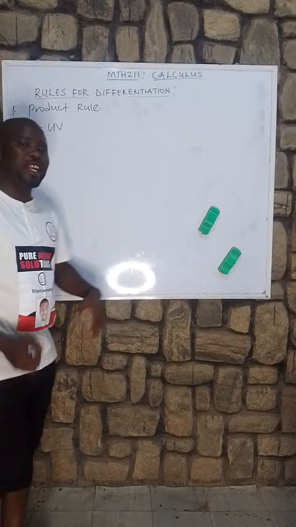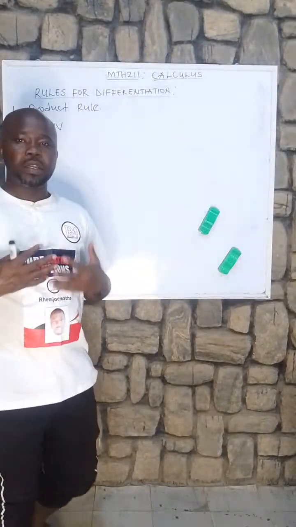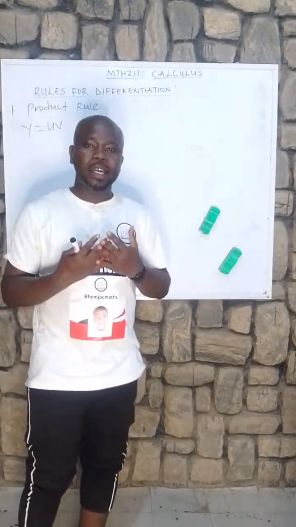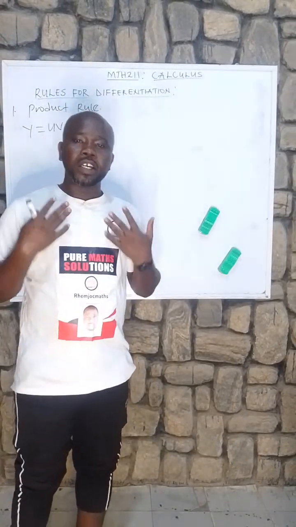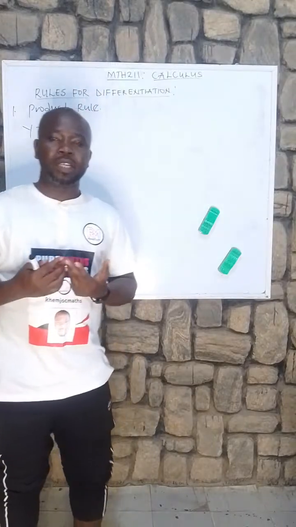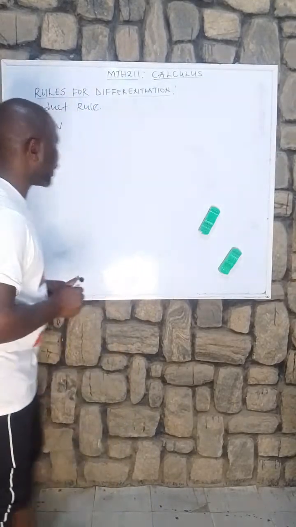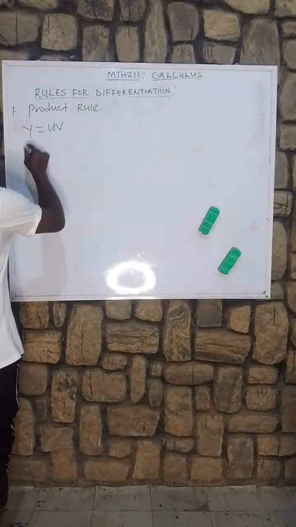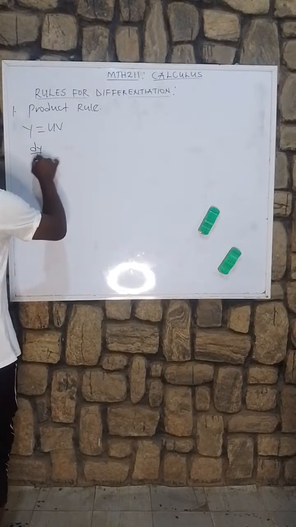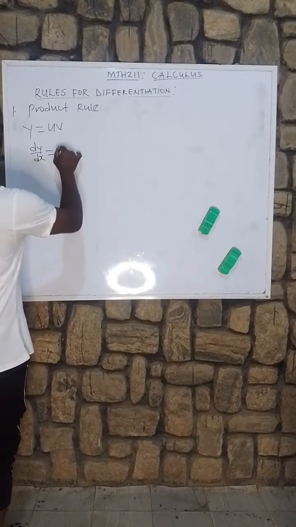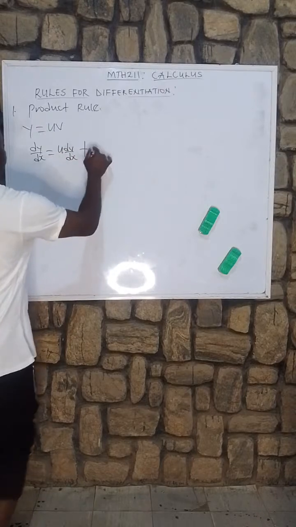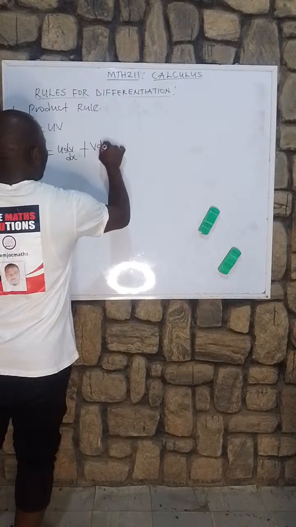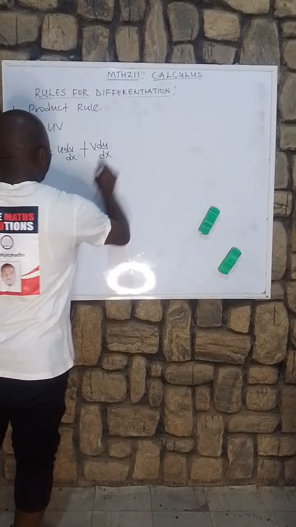It means whenever two functions are coming to multiply each other, note that the rule you are going to apply is product rule. And the formula is dy all over dx equals u dv all over dx plus v du all over dx.